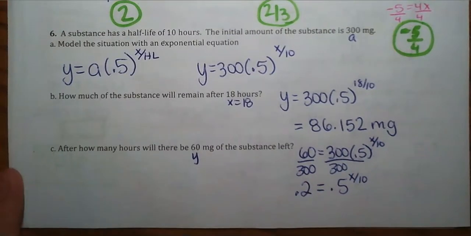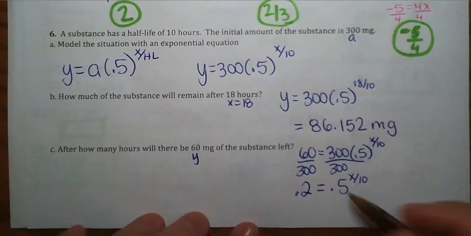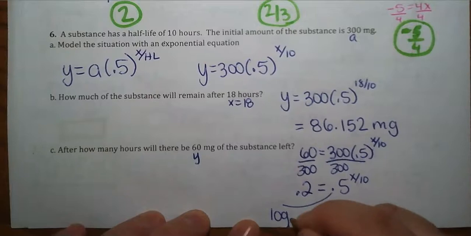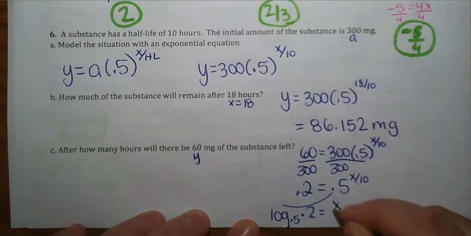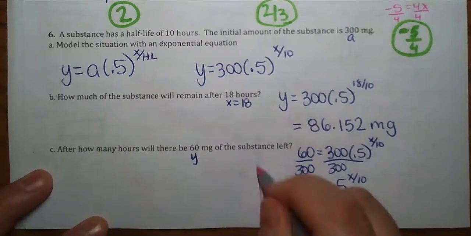Now, the only way to bring that exponent down on the level with the rest of the question is to swing that base and convert this to a logarithm. So it'd be log base 0.5 of 0.2. Then your exponent comes down on the level with the rest of the question, x over 10. Sorry, I didn't leave enough room. I'm going to back up here.